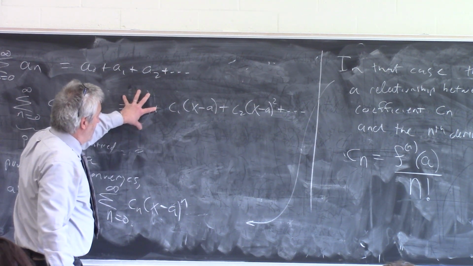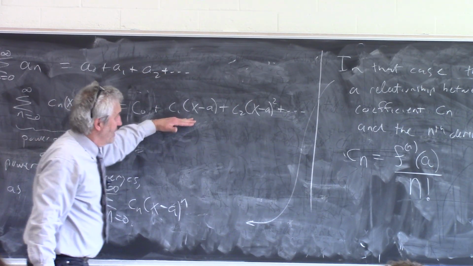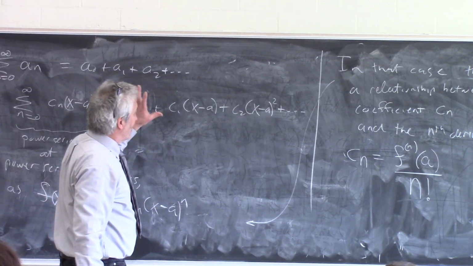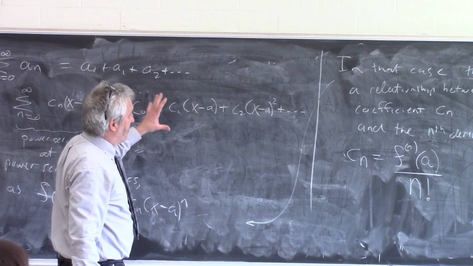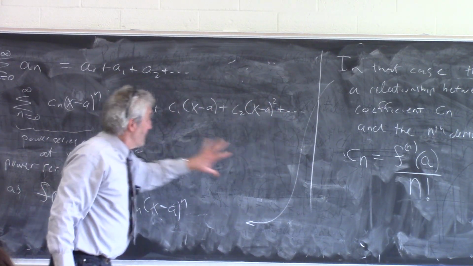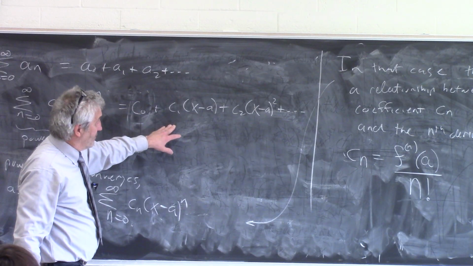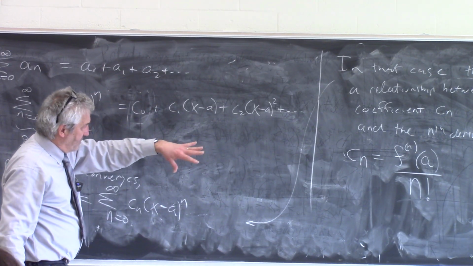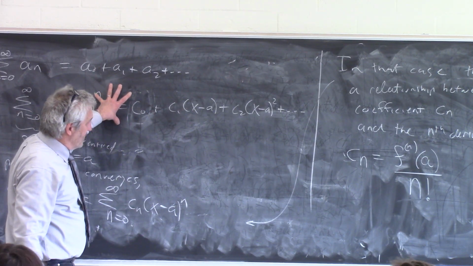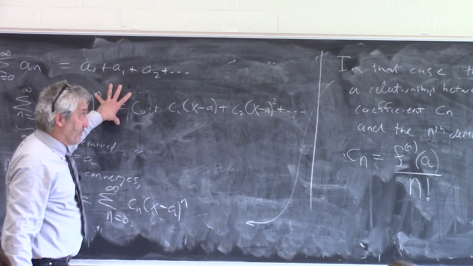And then the first derivative of this is just going to be c1. And then the derivatives of all these terms are going to have x minus a's in them. So if I take the first derivative and I plug in x equals a, all those terms get killed. This term already got killed, and what we have surviving is just c1. So this is just sort of easy examination of what happens to this series when you take these derivatives.